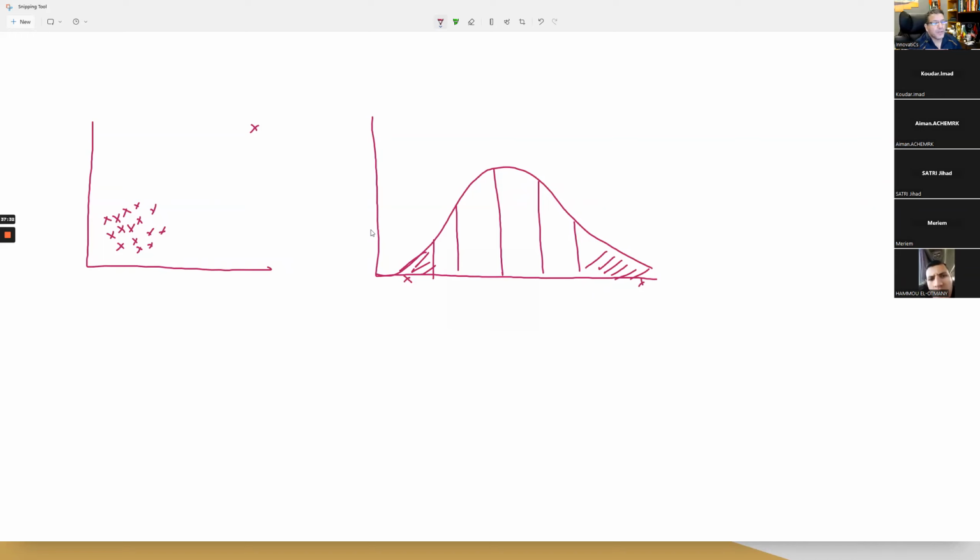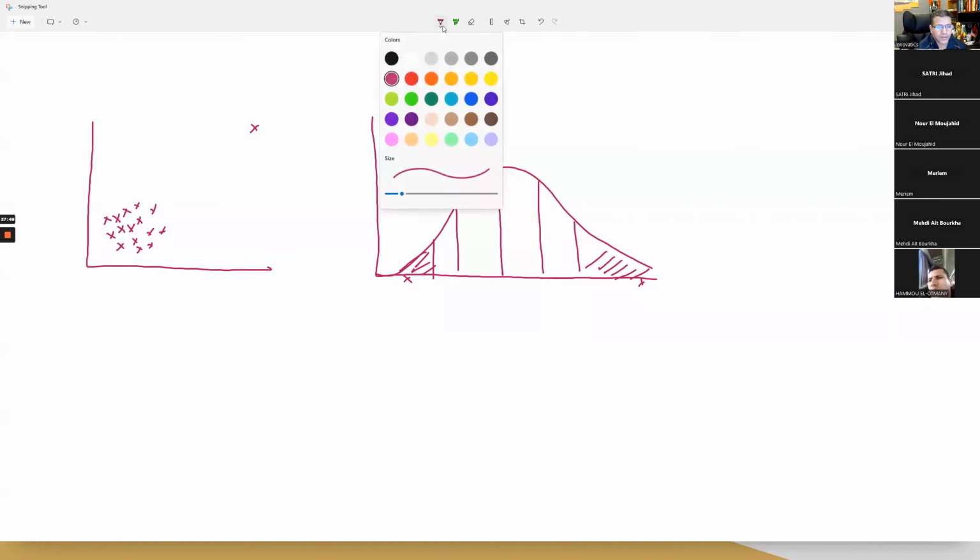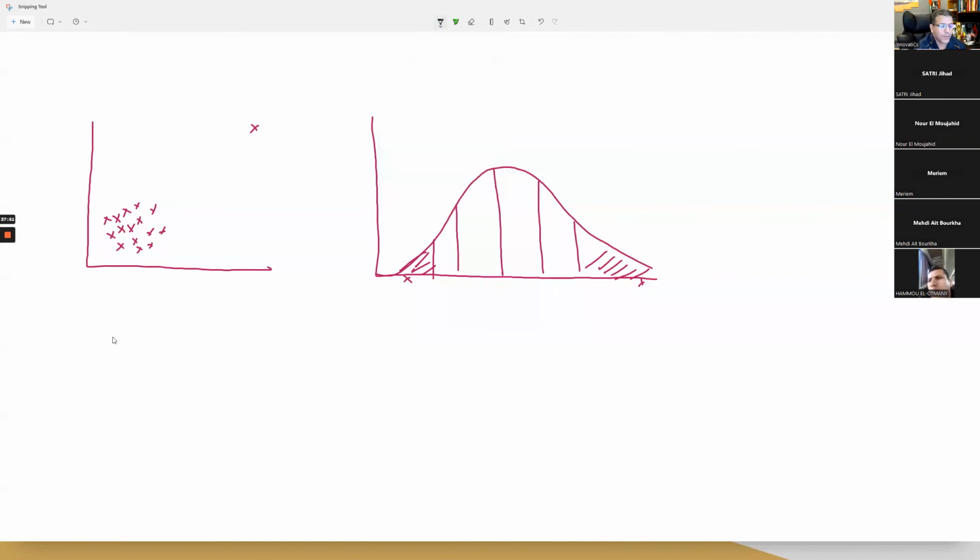So what do we need to do with this outlier? If you have outliers, what do you think you should do? Talk to the team. Yes. I think we should do standardization. No, sir. No, no, and no. Two things that you need to do first.